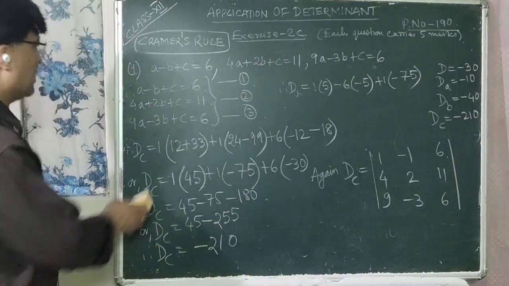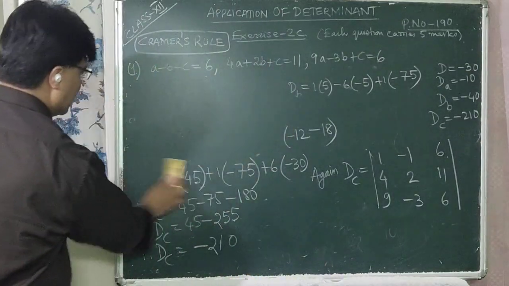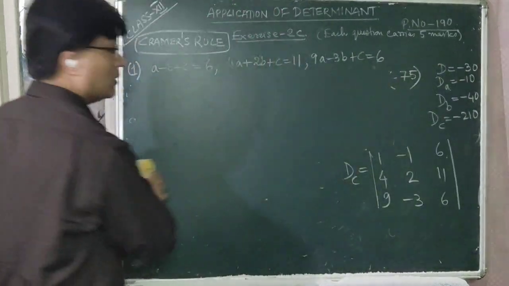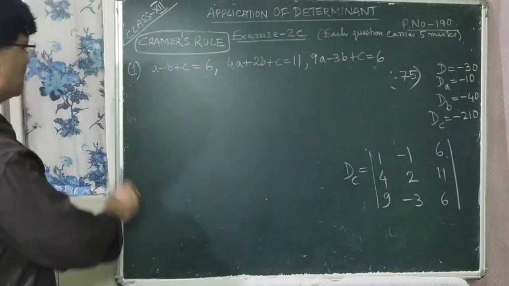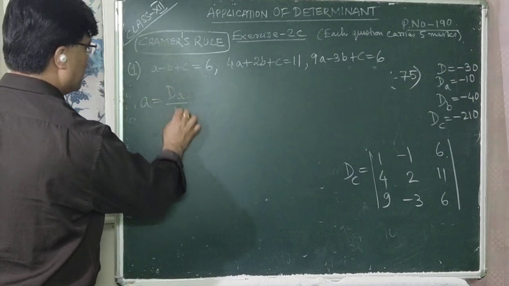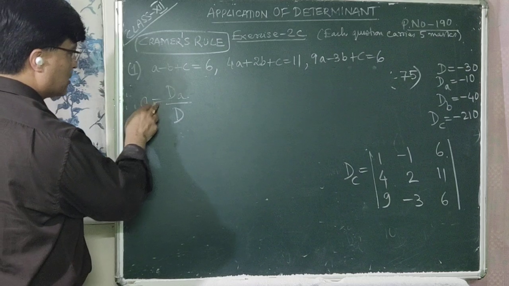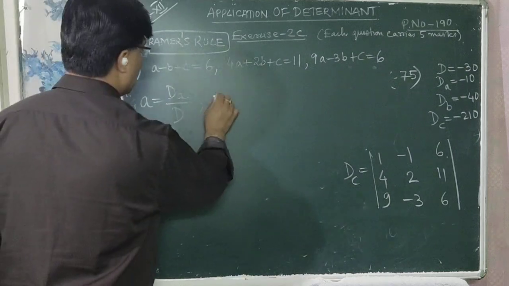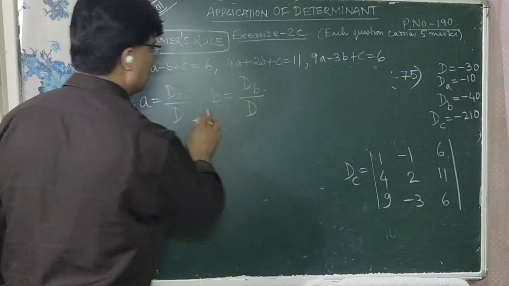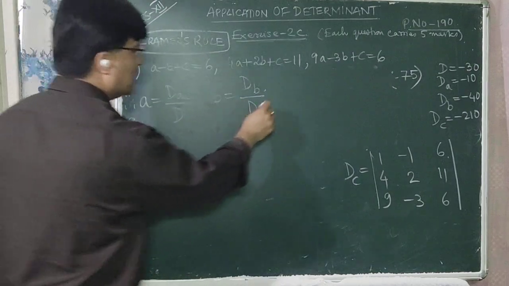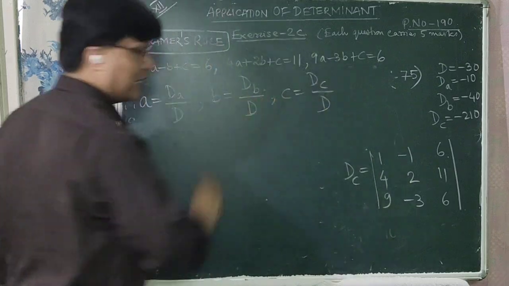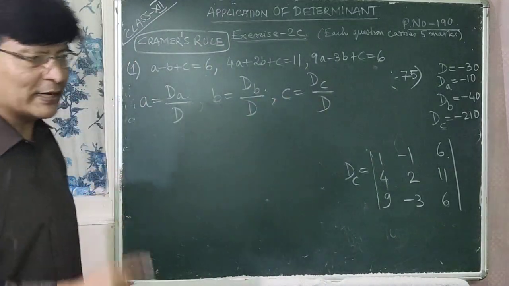A, B and C. So according to Cramer's rule, how will you get the value of A? That is, small a is equal to, the formula is dA by D. If it is x, then x is equal to dx by d, b is equal to db by d. If it is y, then y is equal to dy by d, and c is equal to dc by d. If it is z, then z is equal to dz by d.